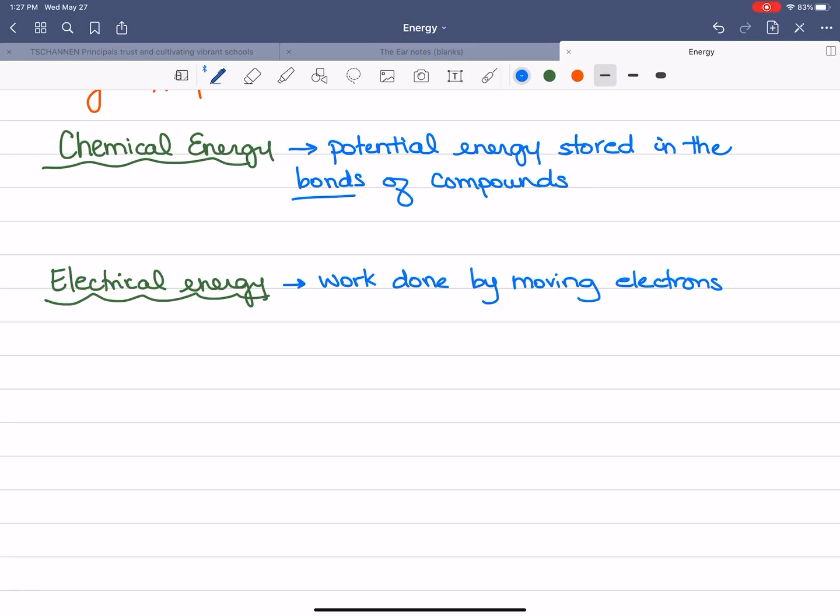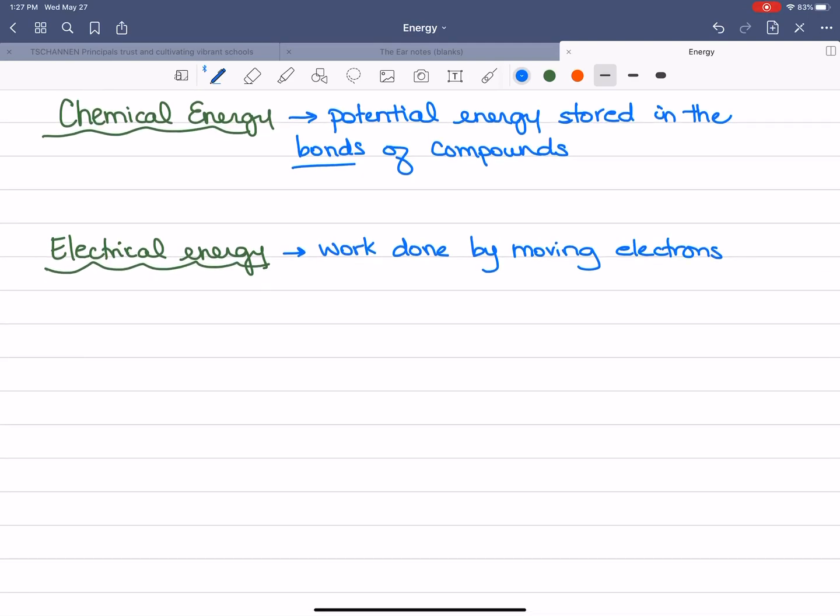And so you're going to have a flow of electrons from an area that has lots to an area that has little, and that flow of electrons within a circuit is going to create energy, and that energy can then be used to power appliances, lights, all sorts of different mechanisms.